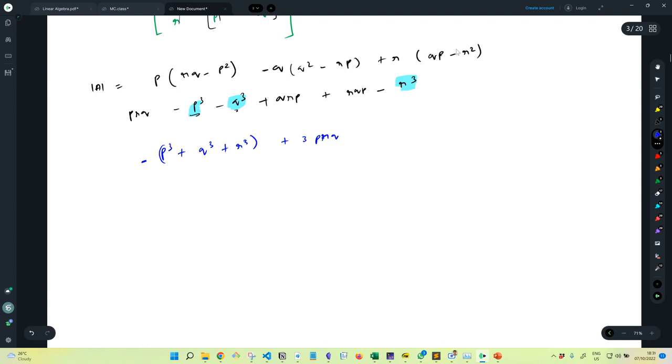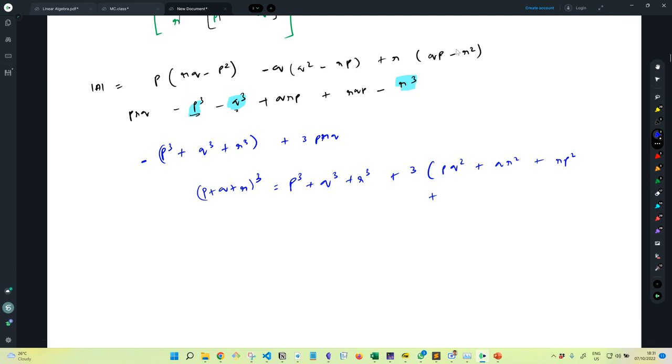Correct? Now here you have to kind of know one formula. What is that formula? P plus Q plus R the whole cube. This equals P cubed plus Q cubed plus R cubed plus 3 into (P square Q plus Q square R plus R square P), plus, what else?